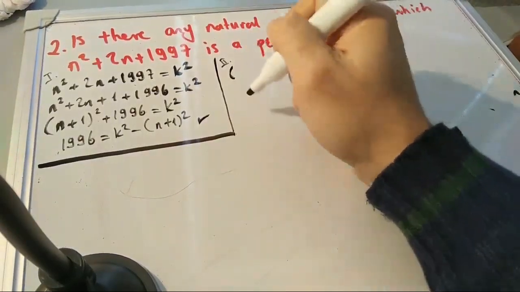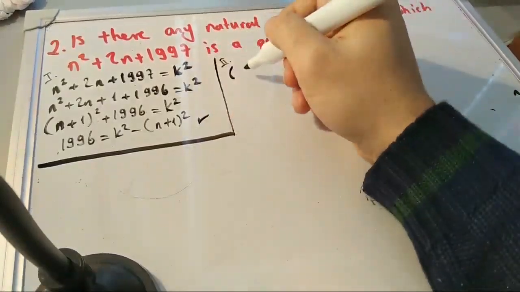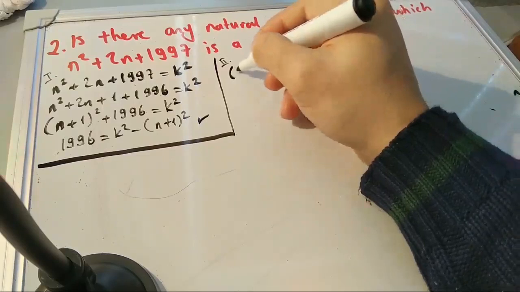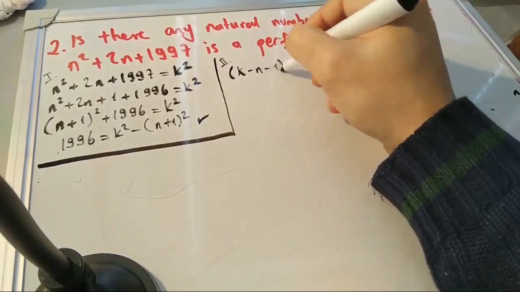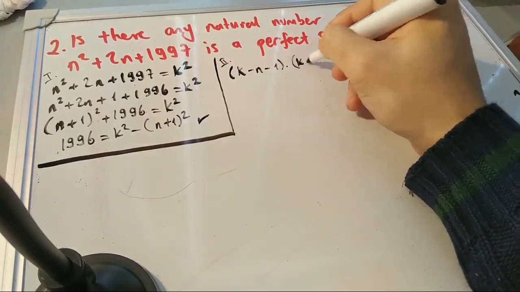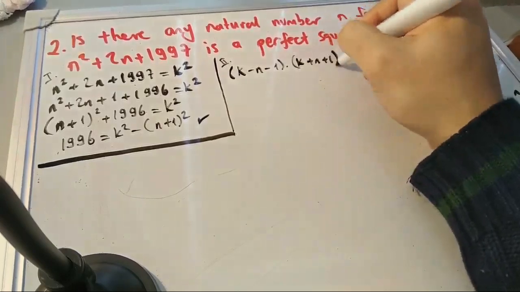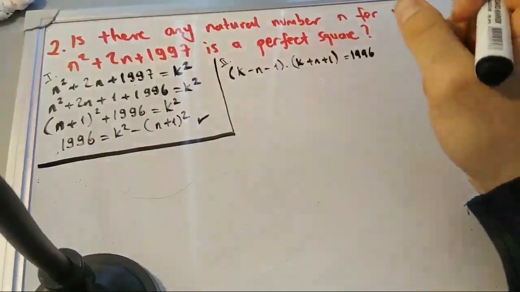So when we write the difference of two squares, k minus n minus 1 times k plus n plus 1 is equal to 1996.